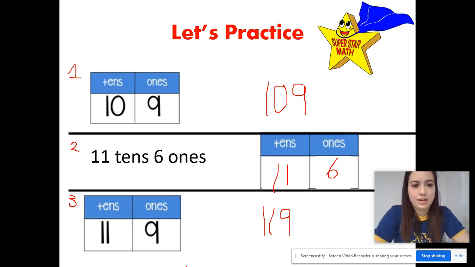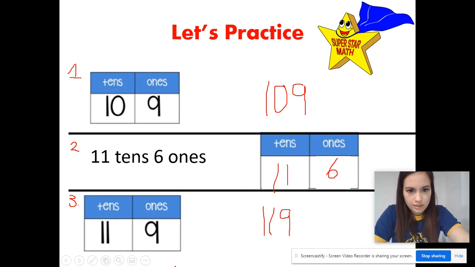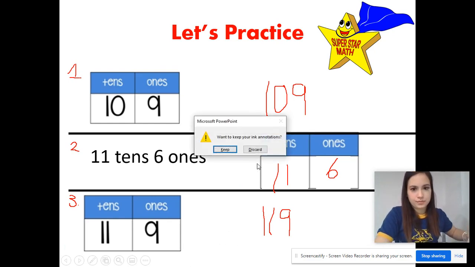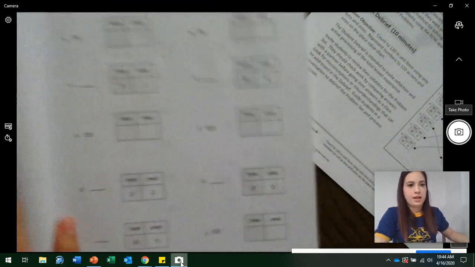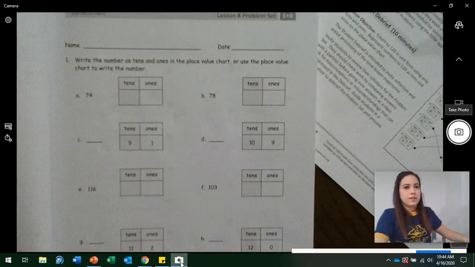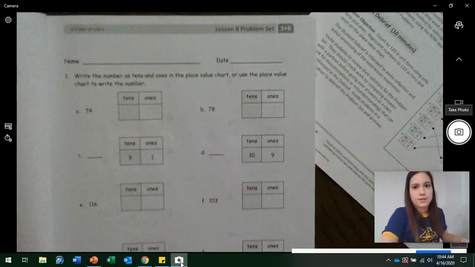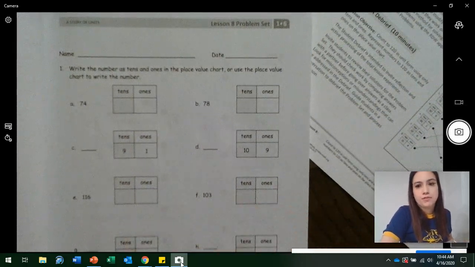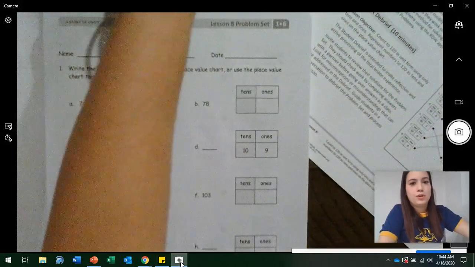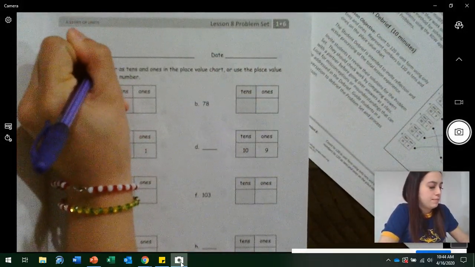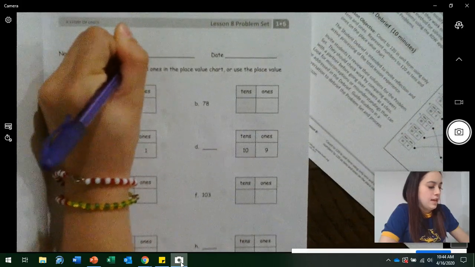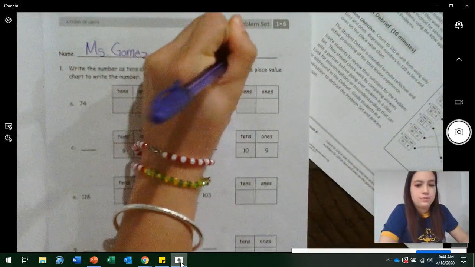So let's go ahead and open our books to the problem set right here on page 43. Make sure that you have it open to page 43. If not, pause the video at this time. Okay, once you're open to page 43, make sure that you write your name, date, and goal.